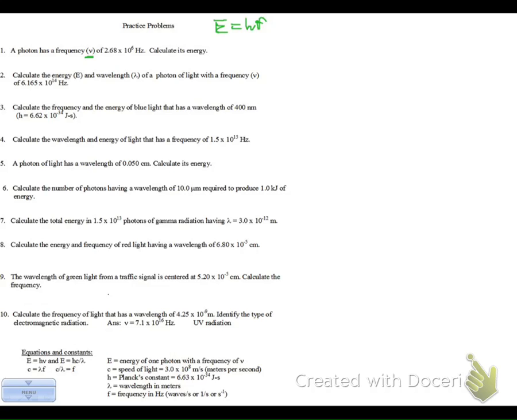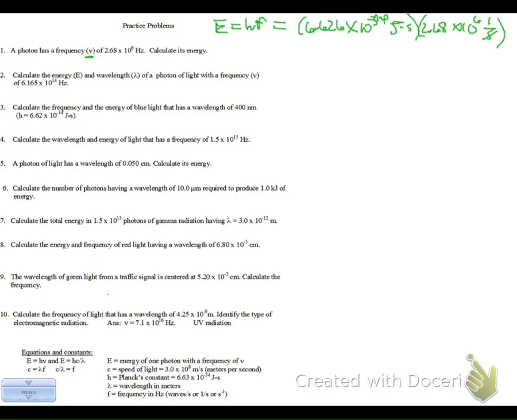So to calculate the energy, I only need to know the value of frequency because h is a constant. It's Planck's constant, 6.626 times 10 to the minus 34 joule seconds. And the frequency is 2.68 times 10 to the 6th. And a hertz is a 1 over second.